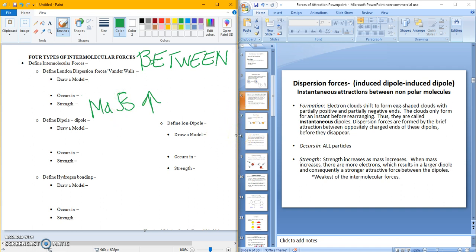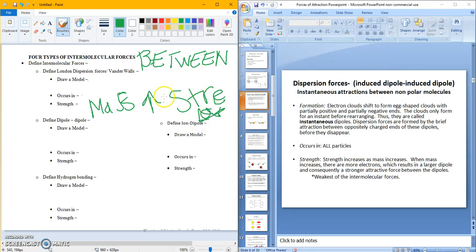Well, as I increase the mass, that means that I have a larger electronic force or a larger nuclear force, and therefore that means I have a stronger attraction because it's kind of like the magnet situation again. If I have more negative and more positive charge, then they are stronger and can hold together. So as mass increases, so does strength.